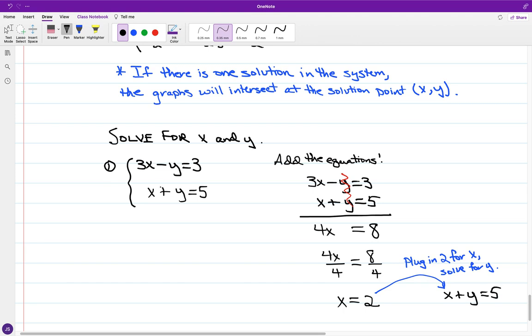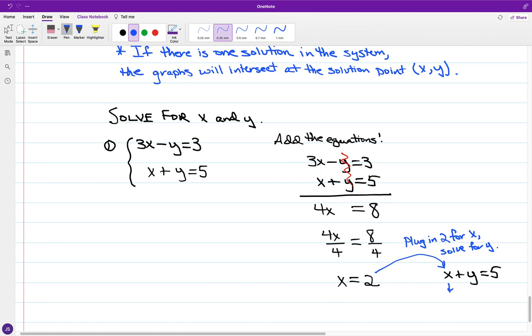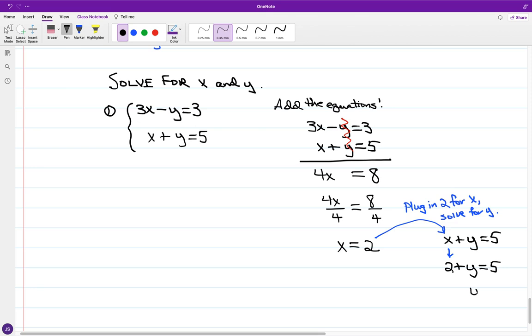I could have chosen the first one, but going with x at 2, I have 2 plus y is equal to 5. In this case, y is equal to 3. You can always double check: x at 2, y at 3, 2 plus 3 is 5, and also 3 times 2 is 6, minus 3 is equal to 3.